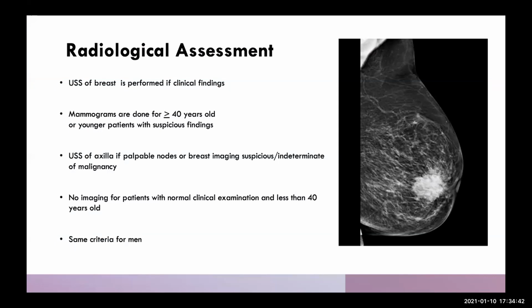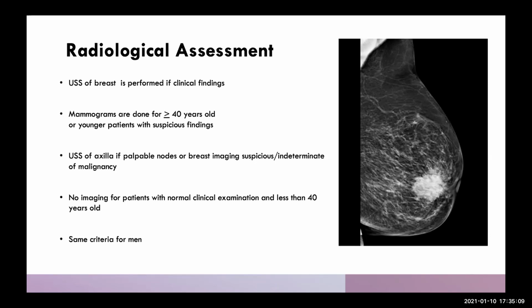So what happens when a patient comes to the symptomatic clinic? We do a clinical assessment, and then we send the woman to a radiological assessment. Now, it has to be borne in mind that every woman does not require radiological assessment, particularly if they are under the age of 40 years. So if someone has got symptoms and we find there is a clinical abnormality, then we do an ultrasound scan irrespective of their age.